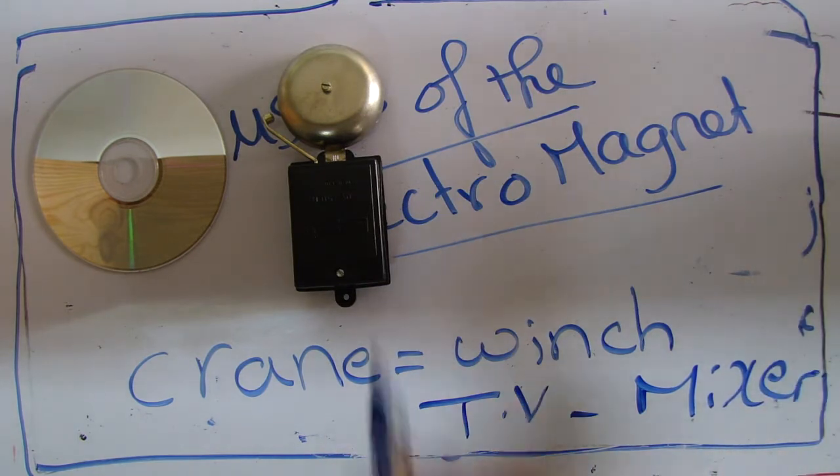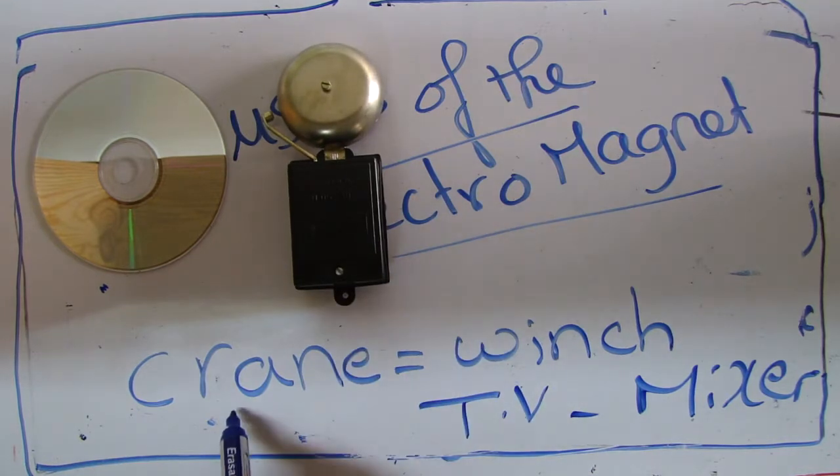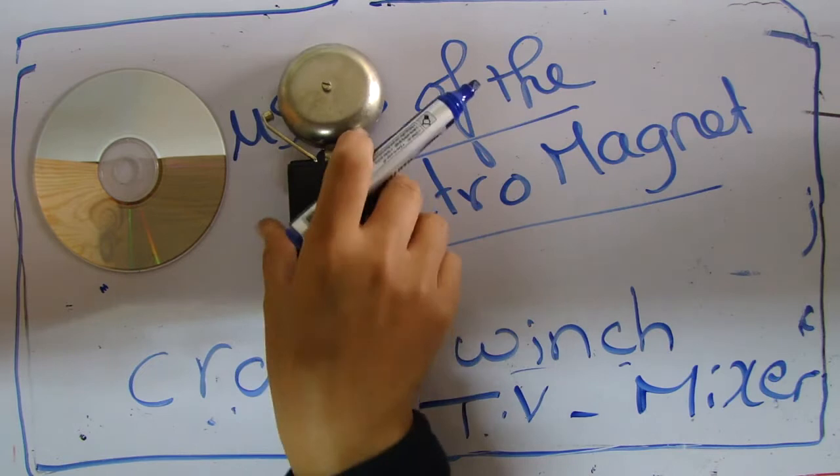Again, the uses of the electromagnet: disk drive, electric bell, crane, which means winch, TV, and mixer.